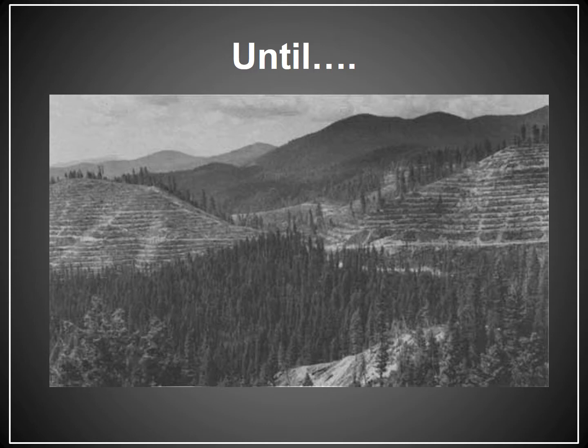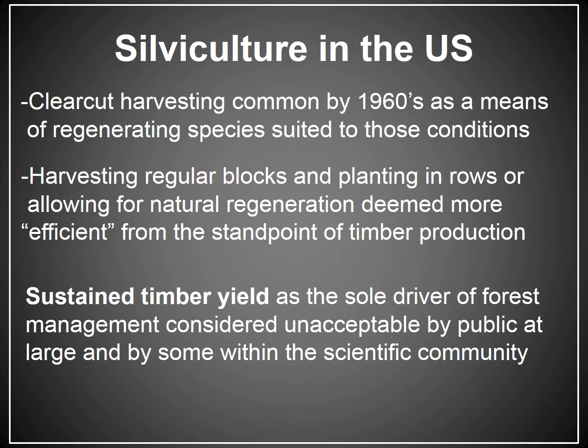Again, this is a picture of the Bitterroot National Forest around this time period. These clear-cut harvesting systems were deemed more economically expedient, with the objective of sustained timber yield as the primary focus. In short, the U.S. Forest Service was growing timber, but they were failing to meet the other objectives demanded by society.